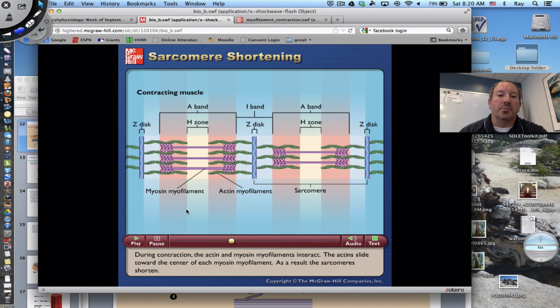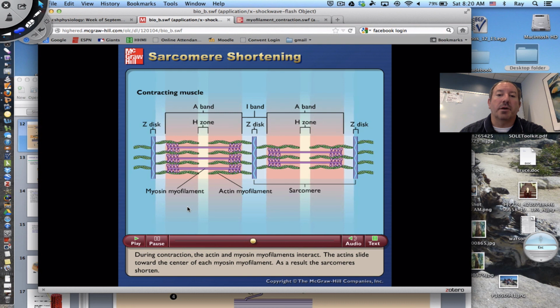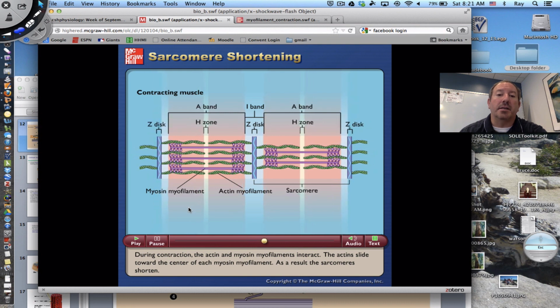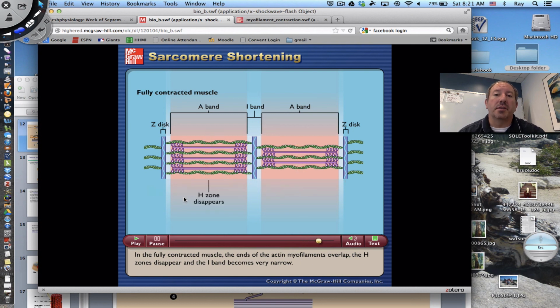When the muscle contracts, look at those little heads pulling and pulling. That requires a lot of ATP to let go. It pulls them in, and then notice the H band totally disappears. And so the sarcomere shortens. As the sarcomere is shortening, the whole muscle cell gets short. And the I band also narrows as a result of this.